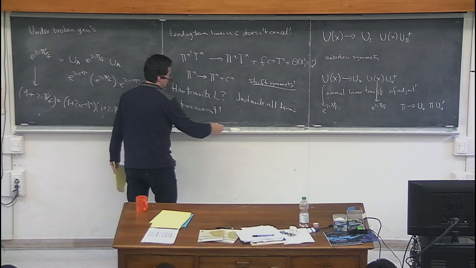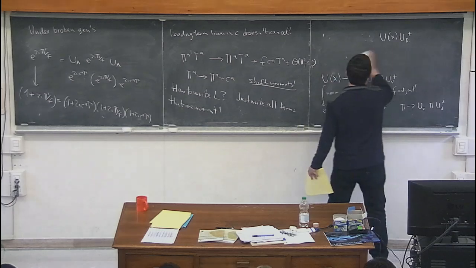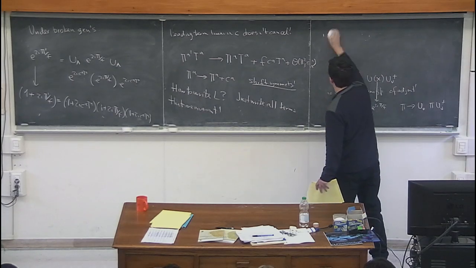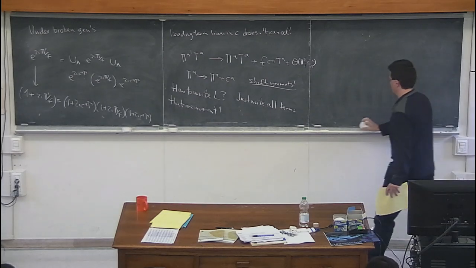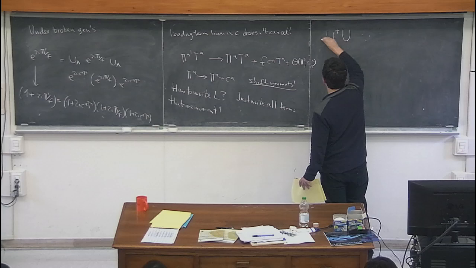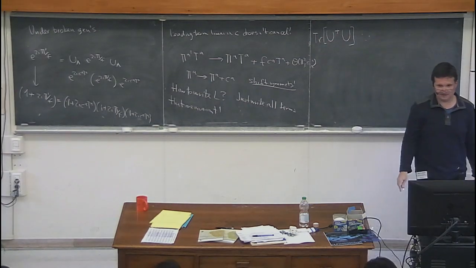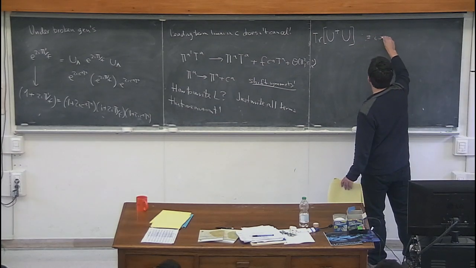Okay, how should I do that? Well, what is the simplest thing? There is a simple invariant term, which is the trace of U dagger U. That's a very nice and simple term because it doesn't depend on the Goldstone boson. So this is just a constant.